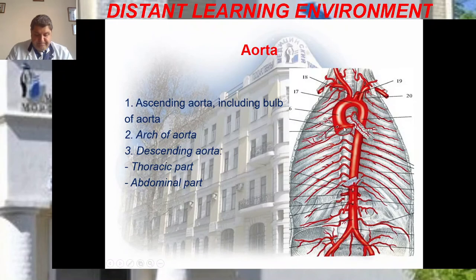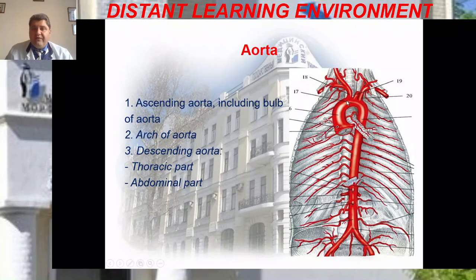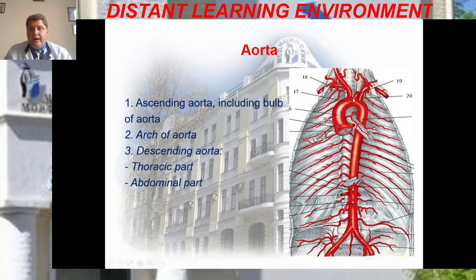So next part is arch of aorta, and you may see this arch here, and you may see three constant branches of arch of aorta. You may see brachiocephalic branch on the right side. Also you can see left common carotid artery, and also you may see left subclavian artery.